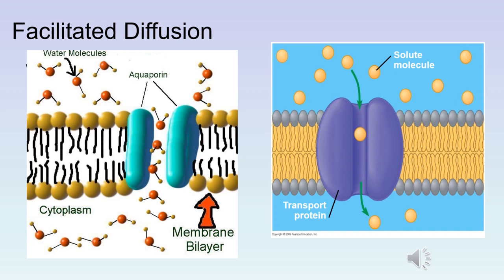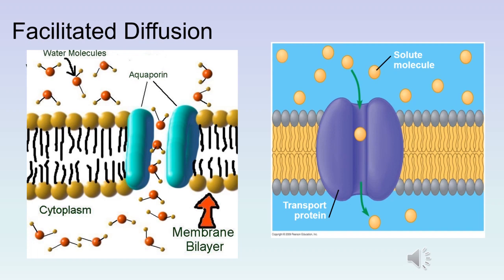Facilitated diffusion is a movement down a concentration gradient from high to low, but requiring a protein to cross the plasma membrane. Water and other polar molecules are not able to cross the lipid bilayer because they get repelled by that hydrophobic region created by the nonpolar tails of the phospholipids.